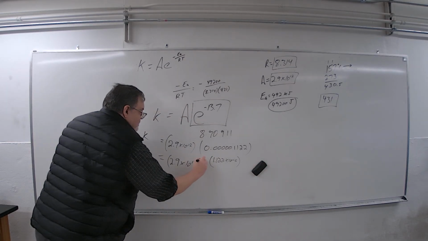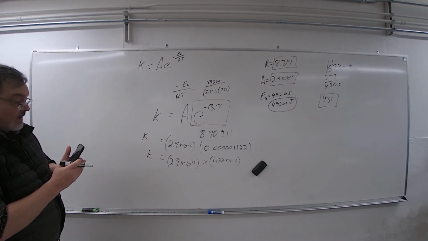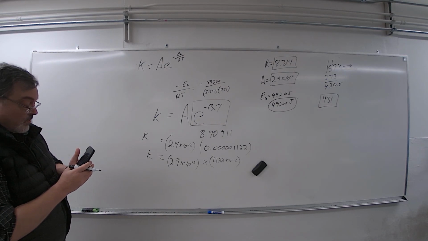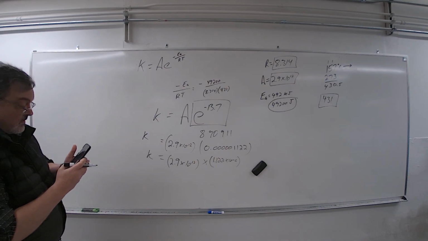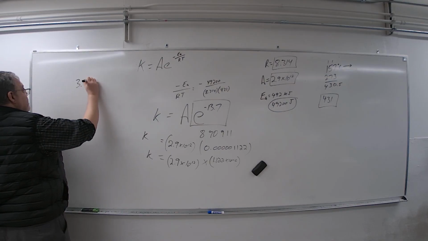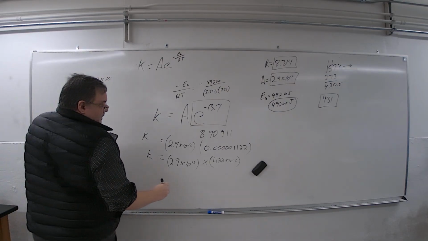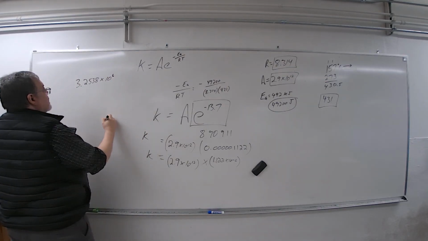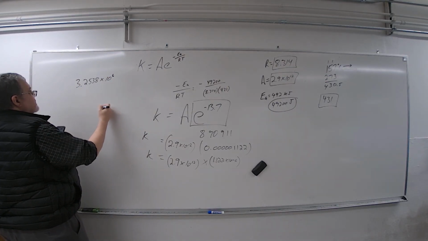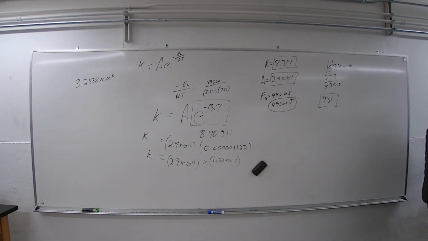So I'm multiplying these two things now. 2.9 times 1.122. So something like 3.3 times 10 to the 6. Yeah, this is the right answer.